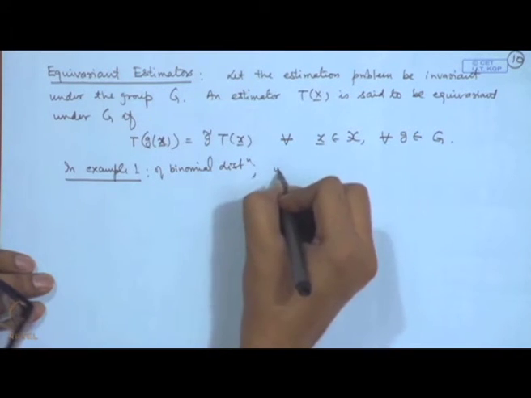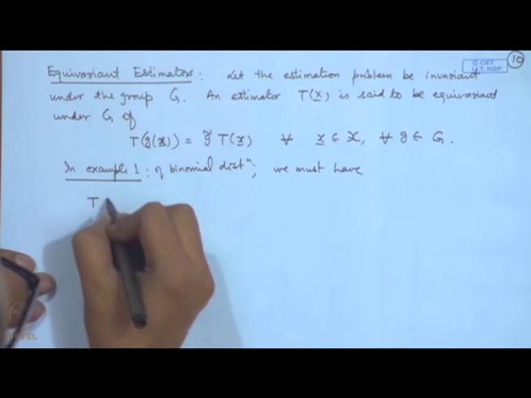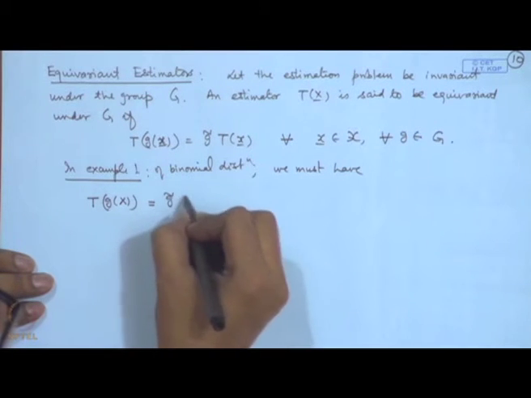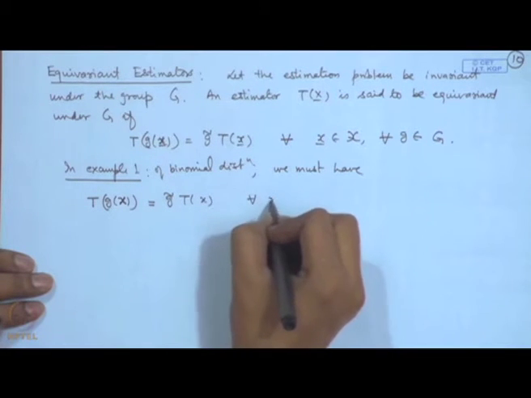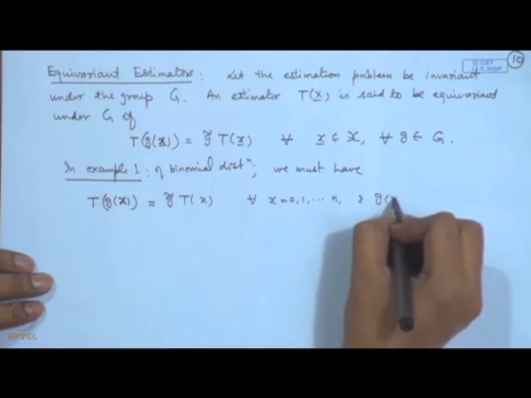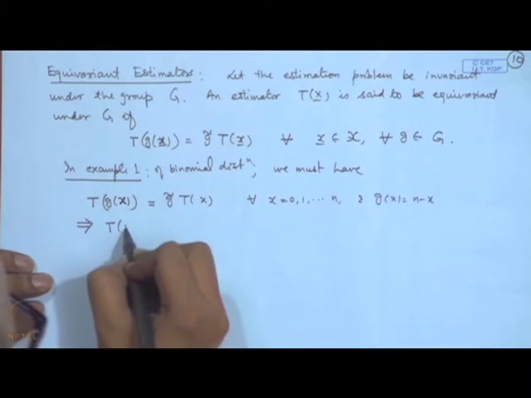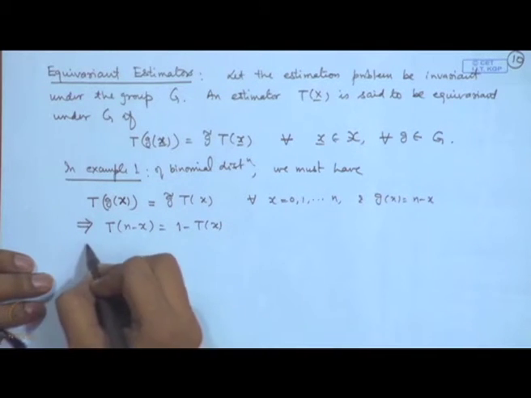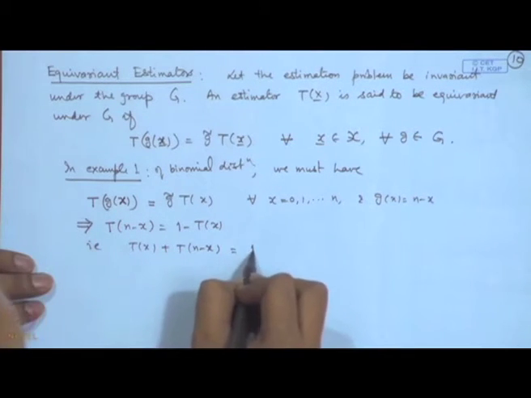We should have T of G x is equal to G tilde of T x for all x is equal to 0, 1 to n, and G x is n minus x. So, this condition will give us T of n minus x is equal to 1 minus T x, that is T x plus T n minus x is equal to 1.